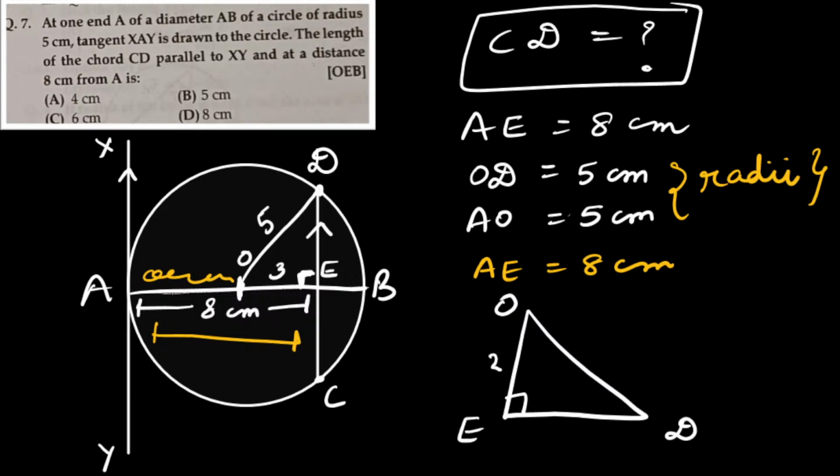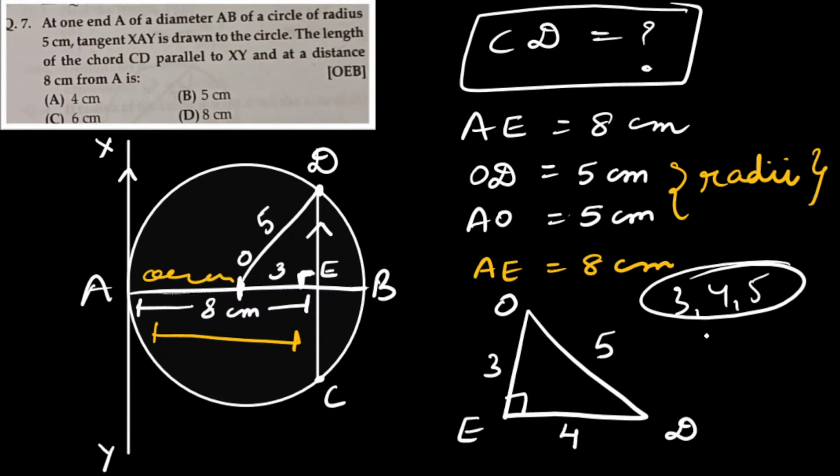Here OE we know is 3 centimeter and OD we know is 5 centimeter. 5 is the hypotenuse, and we know Pythagorean triplets. We can apply the Pythagoras theorem and find ED's length. We get 4 as the length of ED, because 3, 4, 5 are Pythagorean triplets.